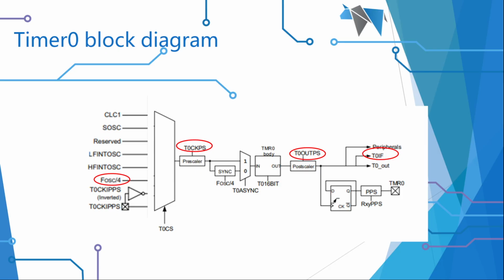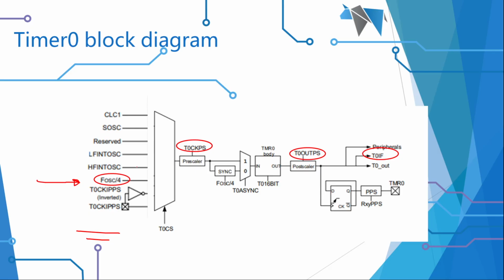But we should look at this timer block diagram because it helps you understand the construct inside of these little microcontrollers. On the left hand side, we've got a series of clock sources, and we are going to use this one here, the oscillator divided by 4.